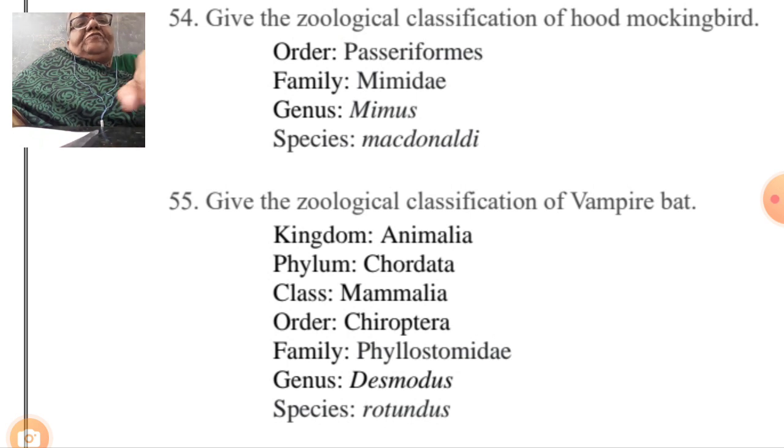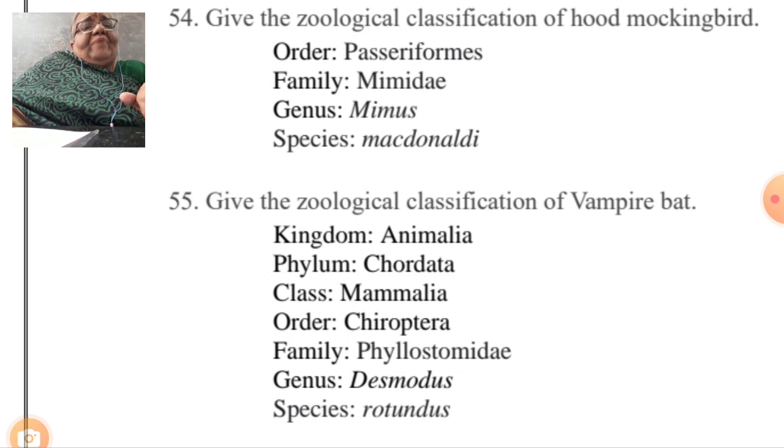So, coming to the vampire bat: kingdom Animalia, phylum Chordata, class Mammalia, order Chiroptera. All these bats have been kept under the order Chiroptera. This order Chiroptera is subdivided into Megachiroptera and Microchiroptera.